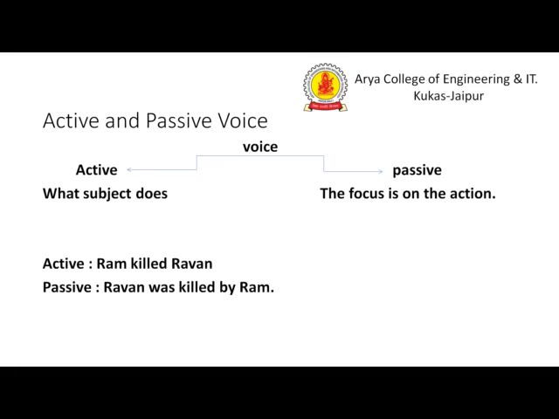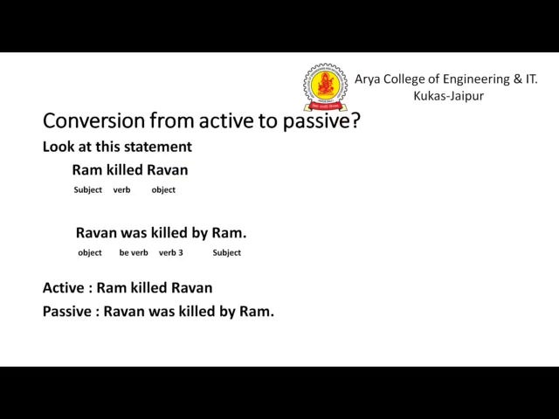Now first of all we'll discuss exactly what rule we have to apply when we are converting active to passive voice. So look at the statement, Ram killed Ravan. Here Ram is the subject, killed is the verb, Ravan is the object. If we are converting active to passive voice, what should be the answer?